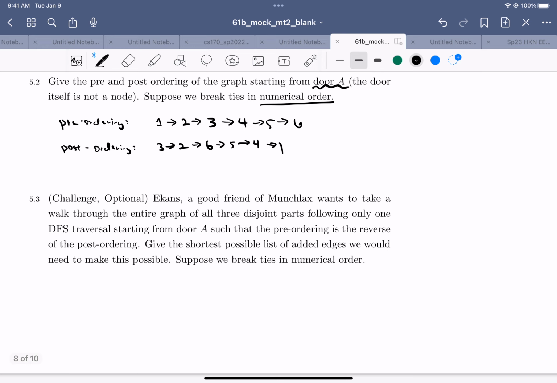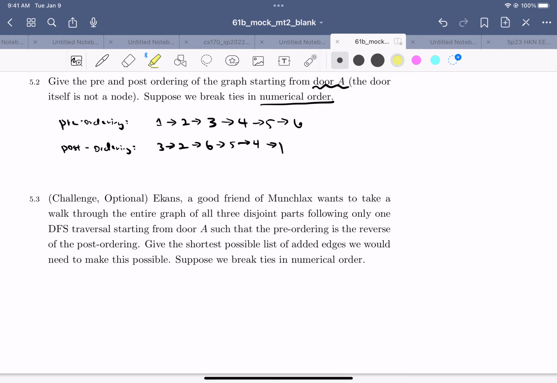Okay, so here's the final part. In the final part, it asks us to figure out the DFS traversal starting from door A, where the pre-ordering is the reverse of the post-ordering. And there's something really important we need to understand.